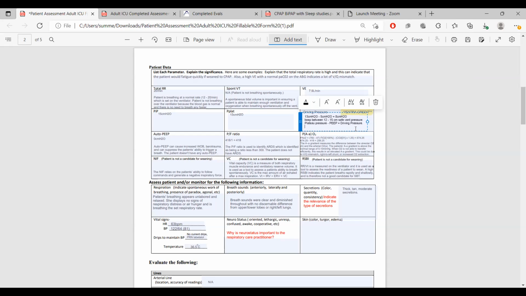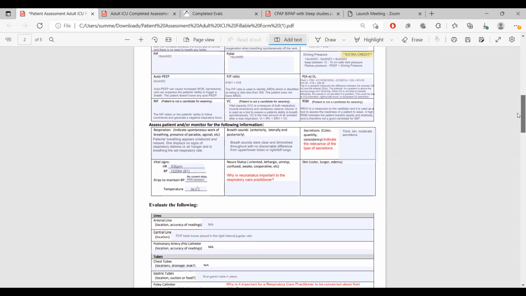So the significance is if we go over 15 centimeters of water for the driving pressure, we're damaging the alveoli. Okay. So if over 15 is dangerous and damages the alveoli, it's good that her driving pressure is only 8 centimeters of water. So on the lower end is good. Got it. Yes. So far, she seems to be doing pretty all right with her parameters.